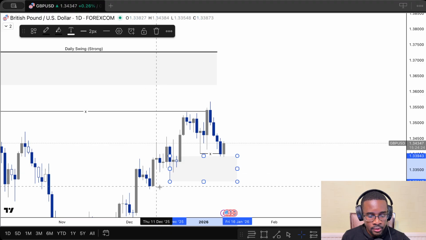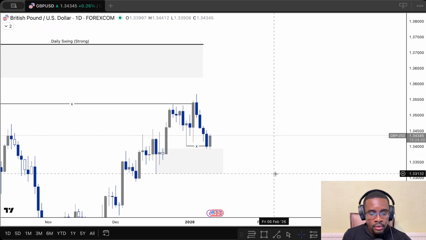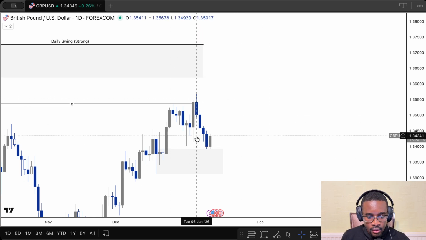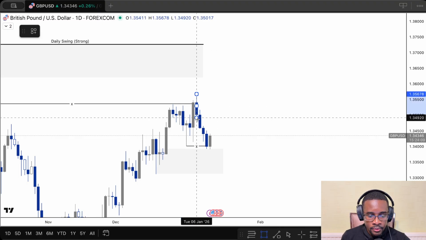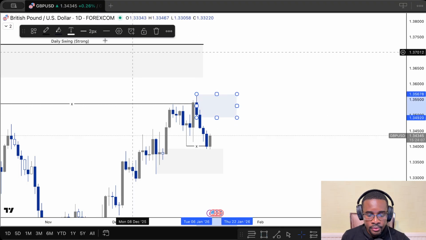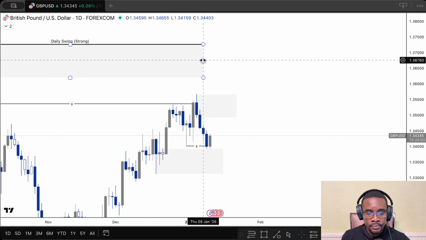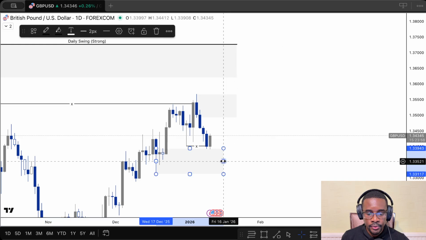And then all this has been mitigated, so I'm not going to draw those. However, because of that close, it means this is also a brand new daily supply that's been formed.